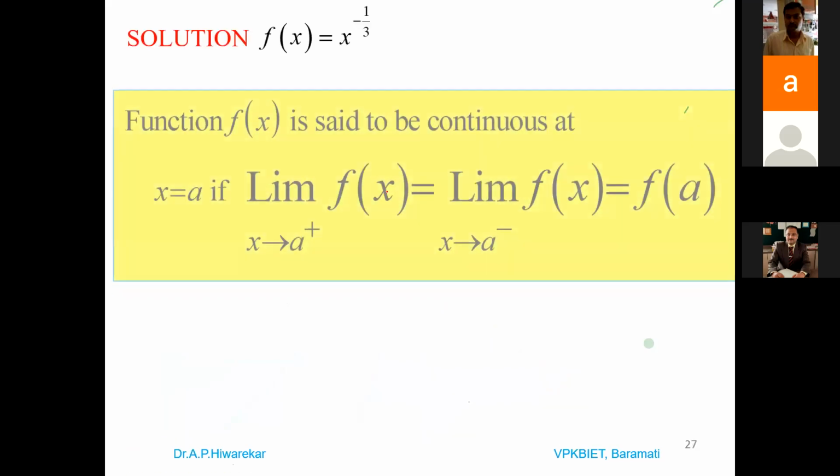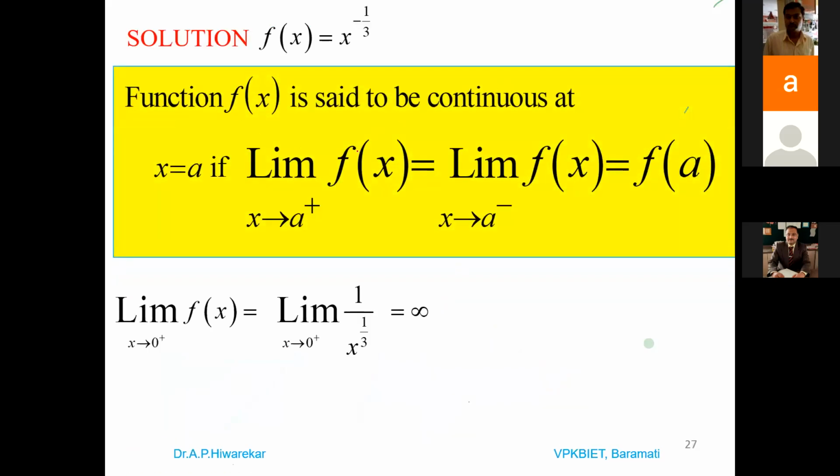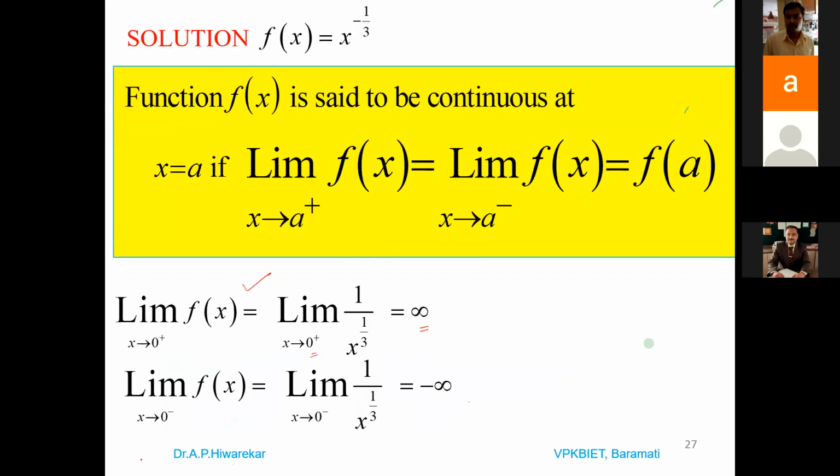So we have to see carefully, because we know that a function is continuous if the left hand limit is equal to the right hand limit, which is equal to the value of the function. If you calculate the right hand limit, you will find 1 by x to the power 1 by 3, and when x tends to 0, we get infinity. Then the left hand limit is obviously minus infinity.